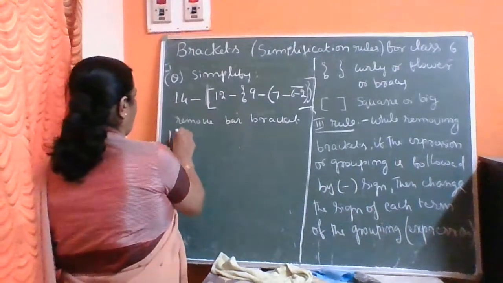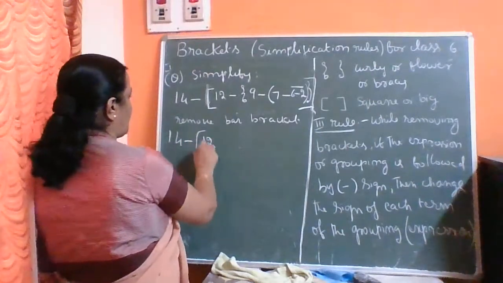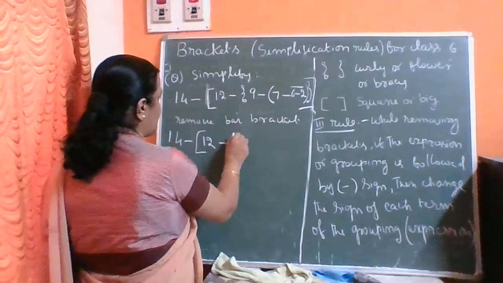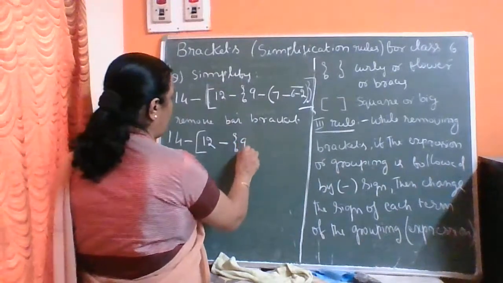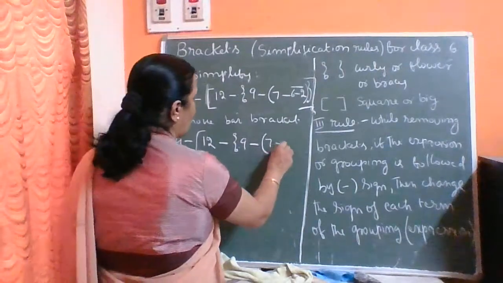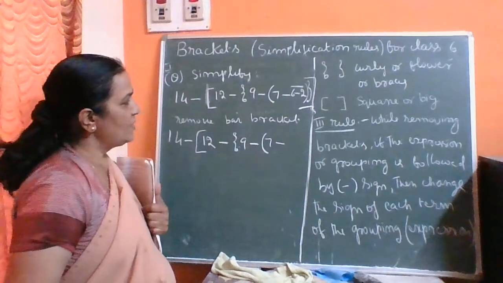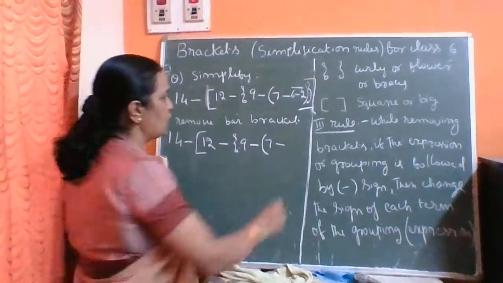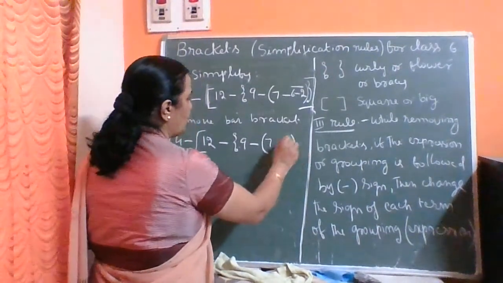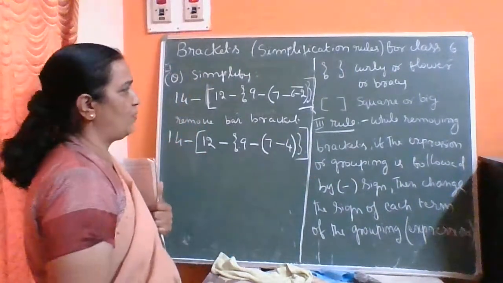Now it is 14, write as it is, then square bracket, then 12 minus flower bracket, 9 minus small bracket, write as it is, 7. Now perform line bracket, that is 6 minus 2 is 4, and close it with the small bracket and the flower bracket and the square bracket.